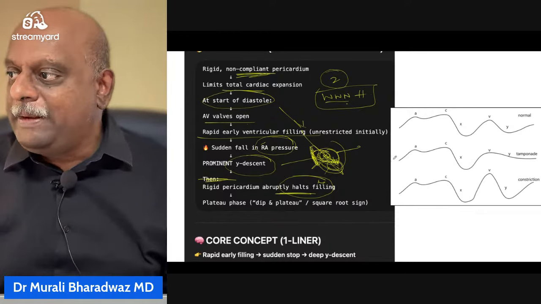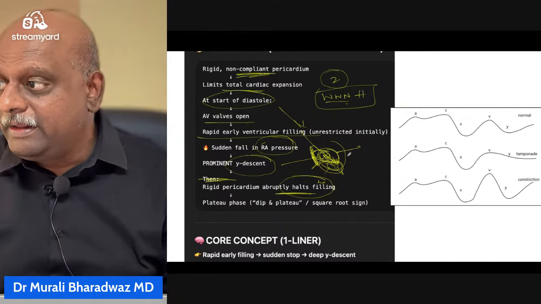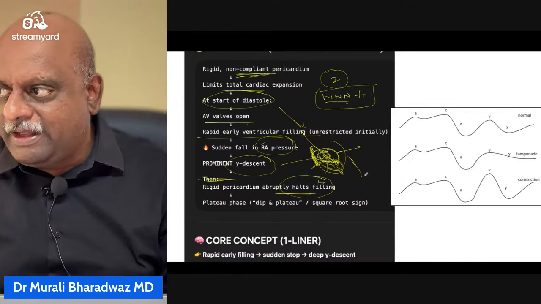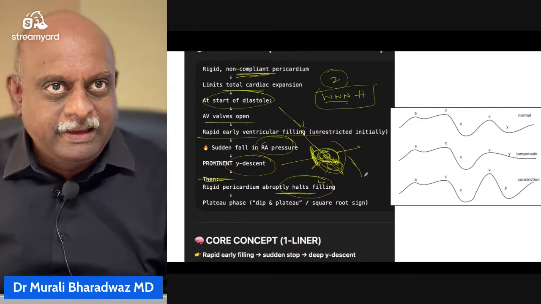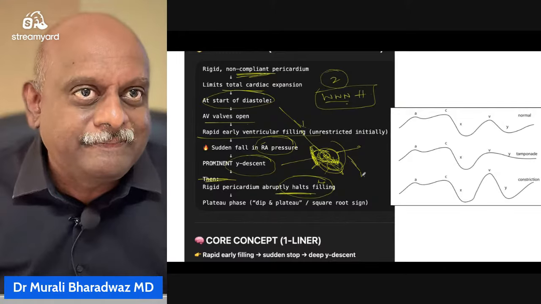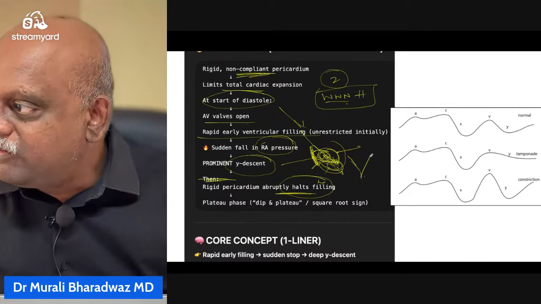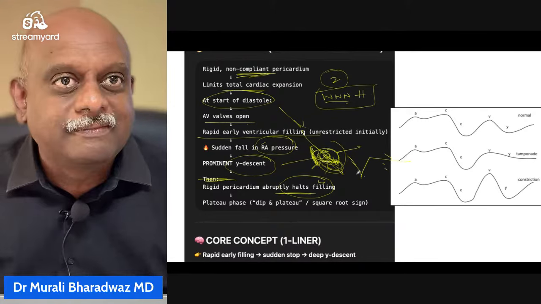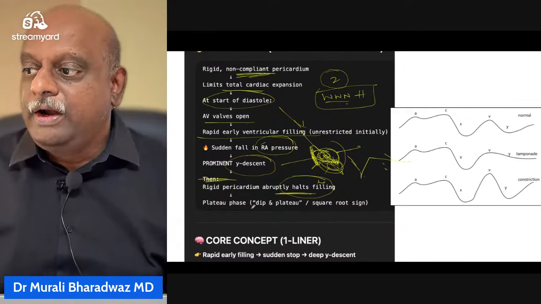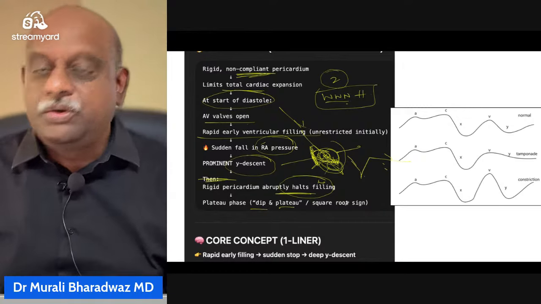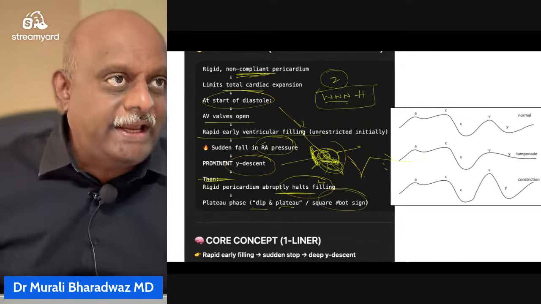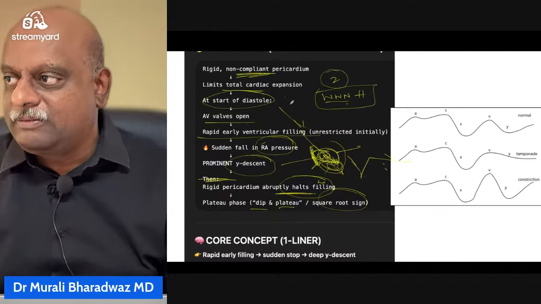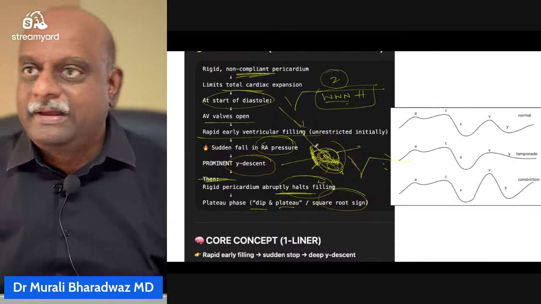Then the fall in the pressure in the atrium will not fall further. It will once more rise and plateau. So, dip and plateau, otherwise called the square root sign in the atrial pressure.